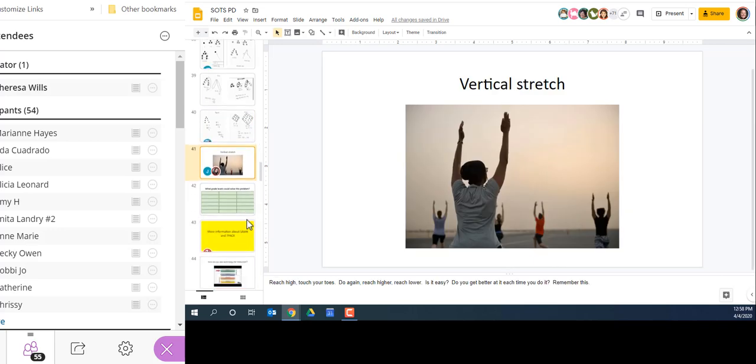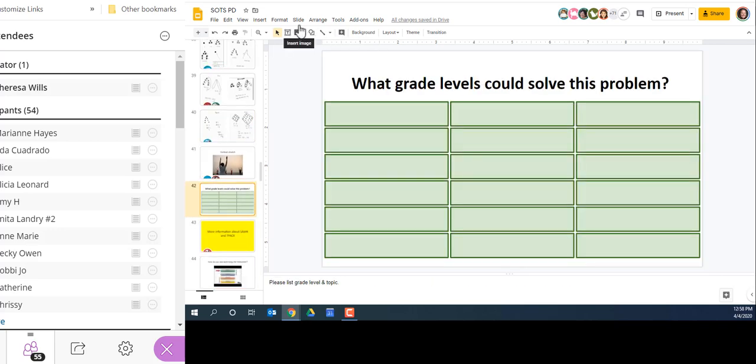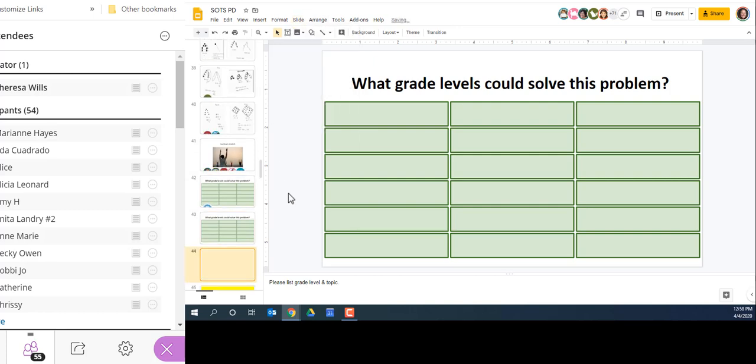The last thing I'd like to do is a vertical stretch on slides 42, 43 and 44. We got a big group. Would you please type in here what grade level you teach and how you might use this problem in your grade level? What standards does this problem hit?